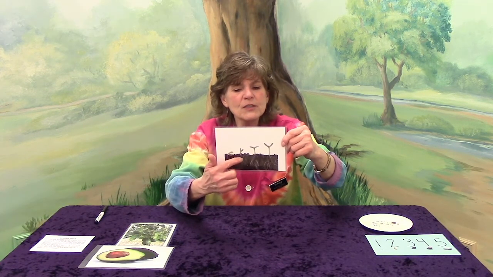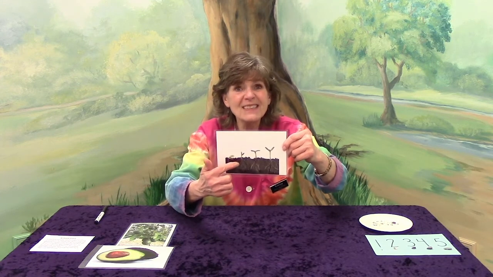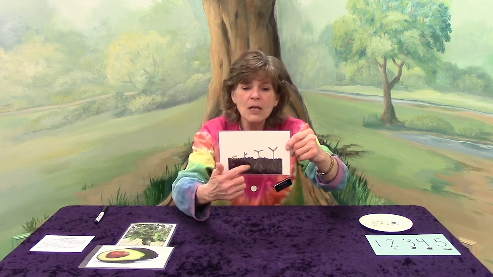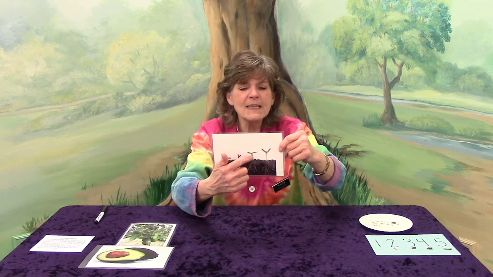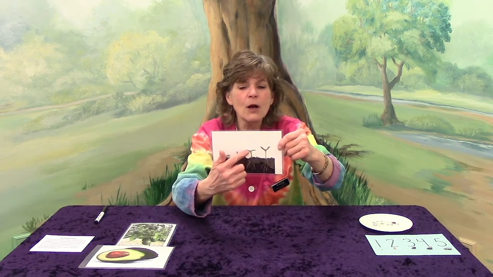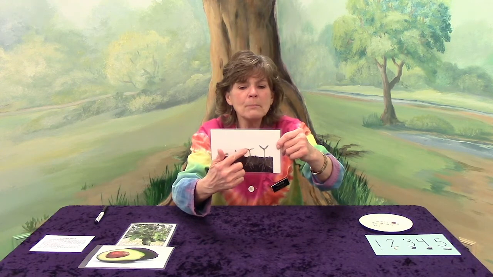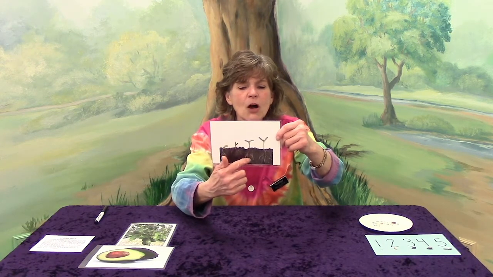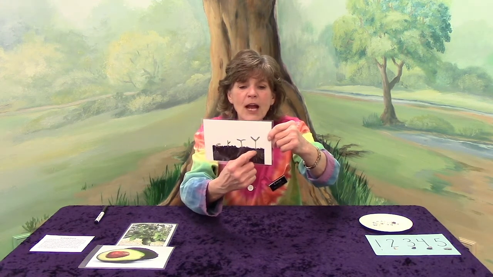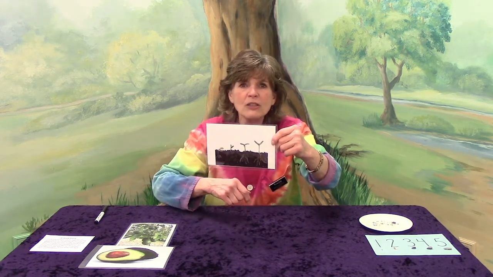Notice the roots are starting to grow down here and that's going to help it to stand tall. It's growing some more and the stem is getting sturdier. Pop, out popped those leaves, and look at how long the roots are. Then it grows a little bit more. The stem is taller, the leaves are bigger, and the roots are stronger.